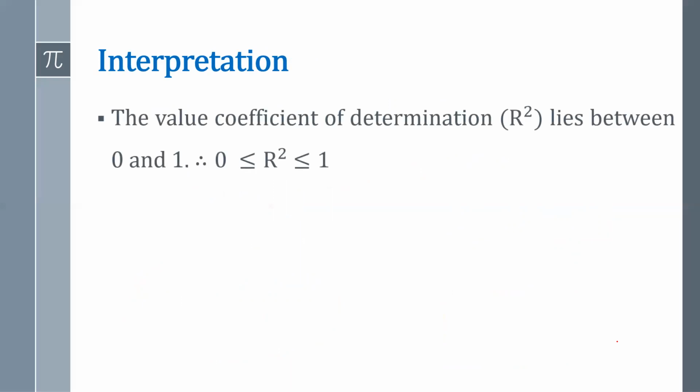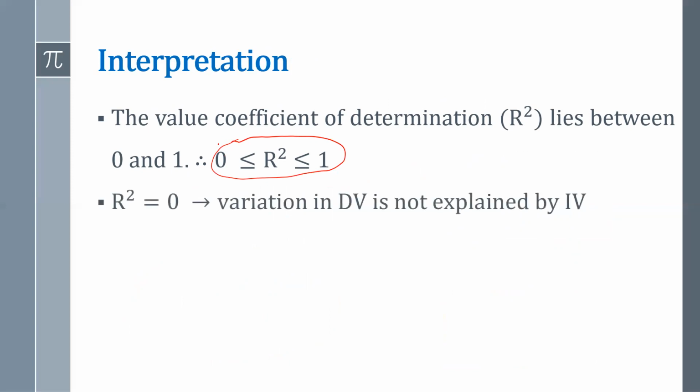Now, how do we interpret the value of R square? The value of coefficient of determination lies between 0 and 1. So 0 less than or equal to R square less than or equal to 1. If it is 0, variation in dependent variable is not explained by independent variable.